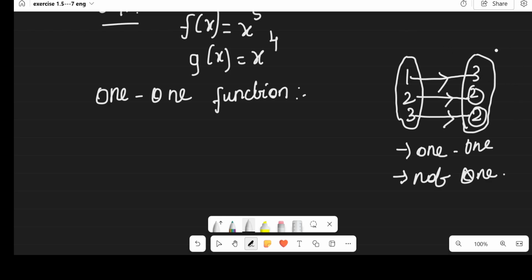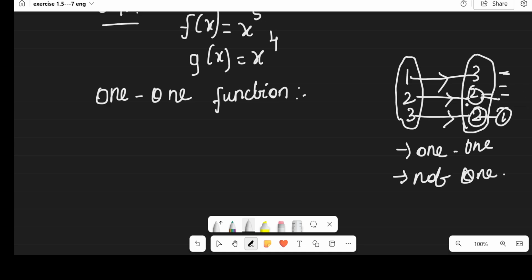That is very important. Here we are getting output 2 two times, so this is not a one-to-one function. If you're not getting any output repeated, then every output is unique, so it is one-to-one.